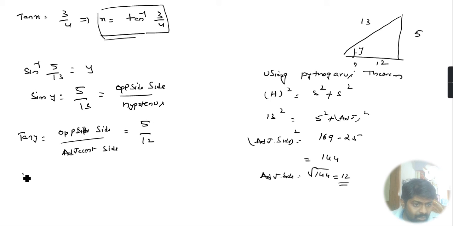So tan y is equal to 5 by 12. From that, y is equal to tan inverse of 5 by 12.